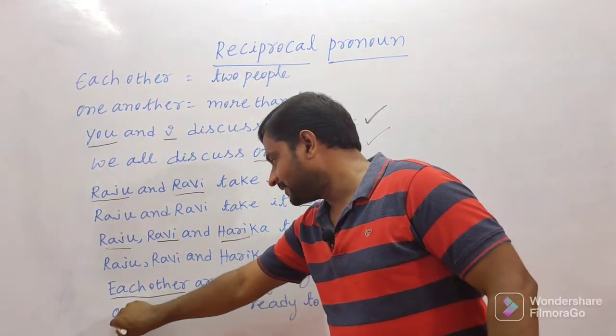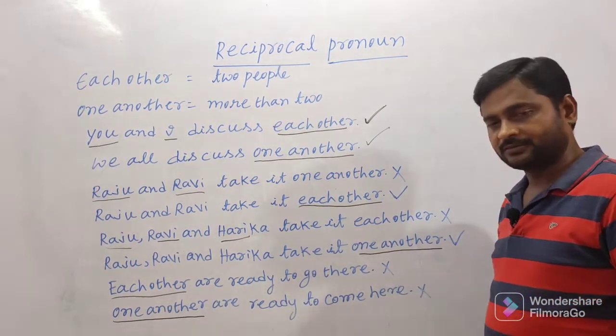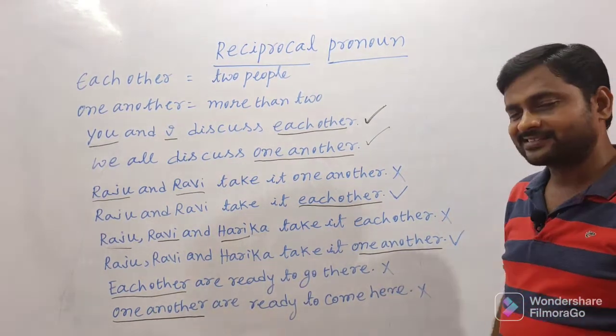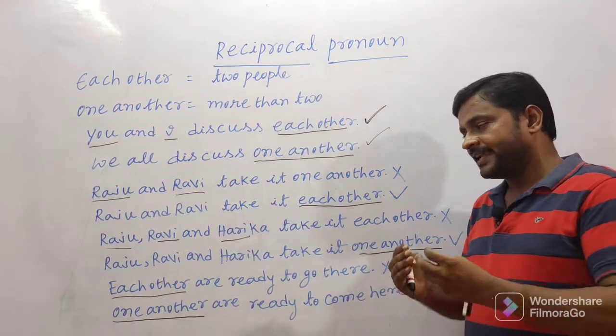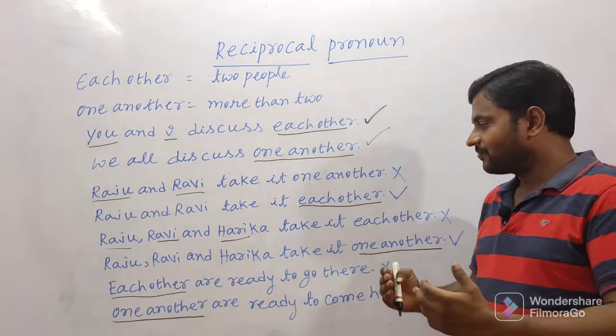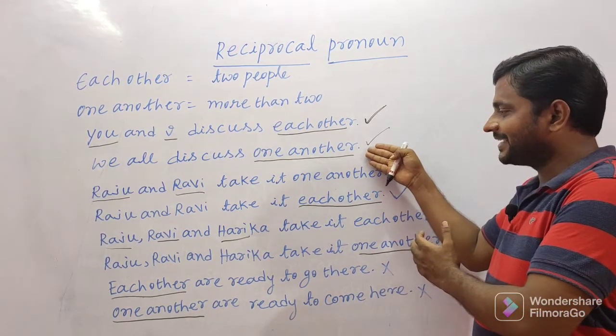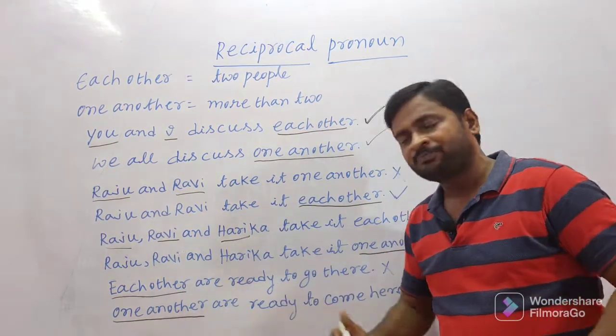One another is also used in the subjective case, one another are ready to come here. It is also a wrong sentence. What do you understand here? Each other and one another we have to use only in the objective position like this, but not in the subjective position.